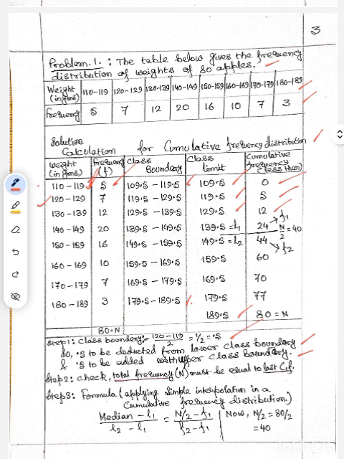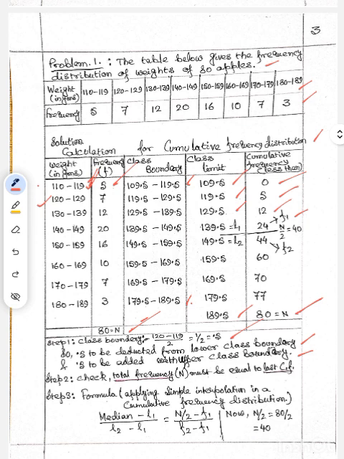So 12 plus 12, that is 24, is the next cumulative frequency. Now come to our last cumulative frequency, that is 80, and here we have to check that this last cumulative frequency tallies with the total frequency, that is 80, and it is also 80. Okay, that should be a checkpoint.